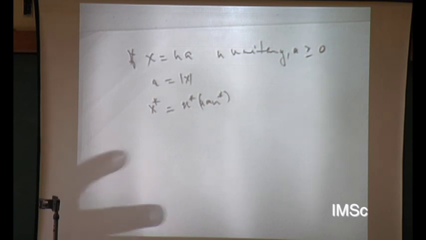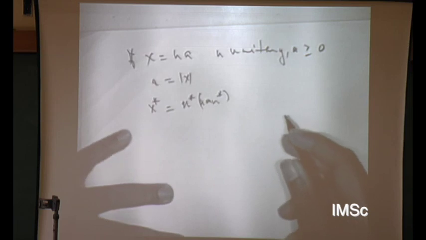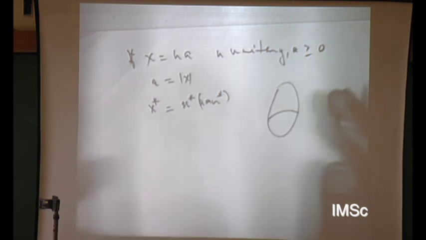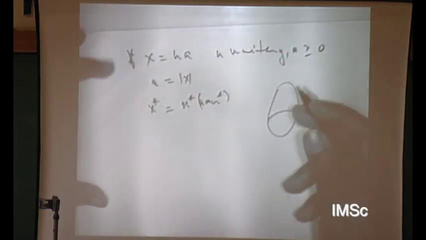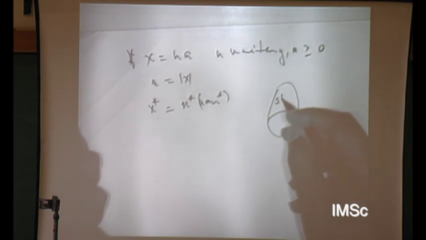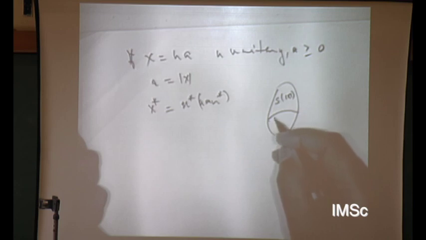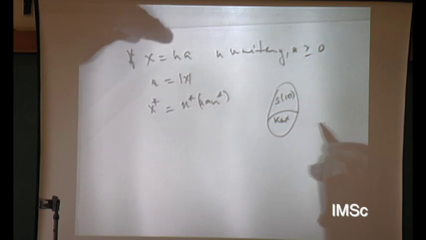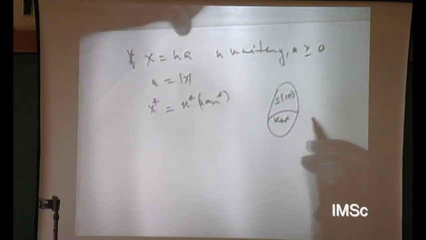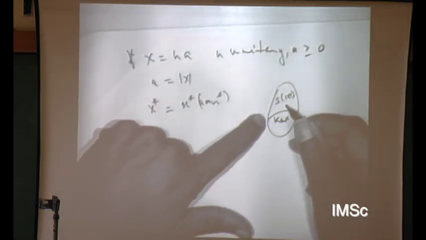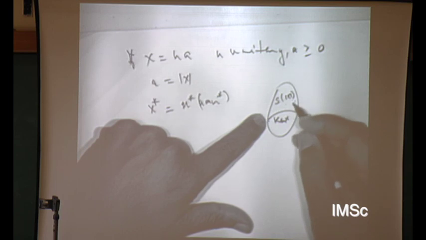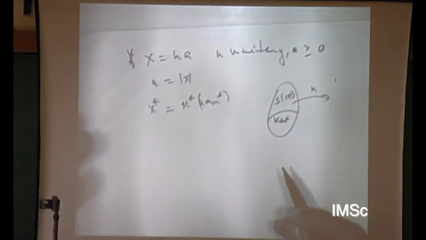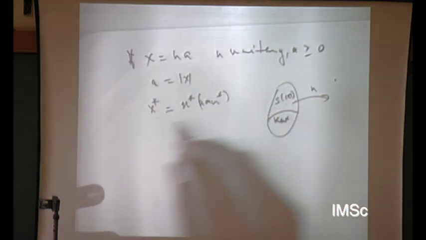So what I'm trying to say is that if at all you have such a decomposition, and if this is the support of mod X, this is the kernel of X, this U must necessarily map the support of mod X to the support of mod X star. Okay, let me give this as an exercise.